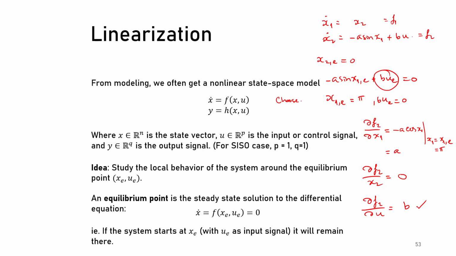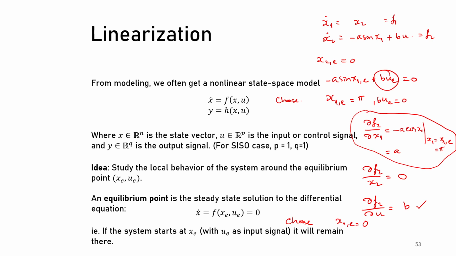Second case, if I choose the equilibrium at 0, I mean the pendulum is just straight down, then the difference is only this term. All the other terms are still the same.